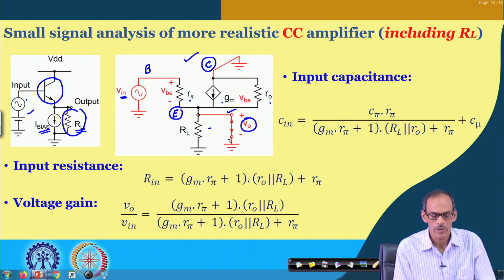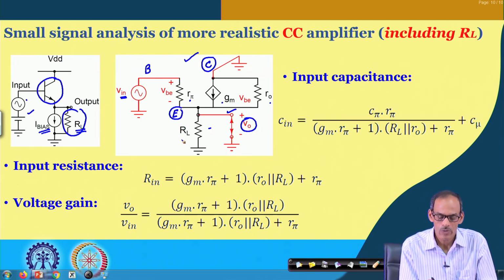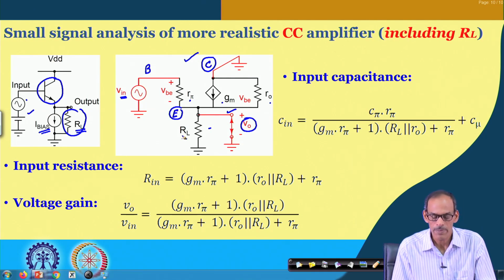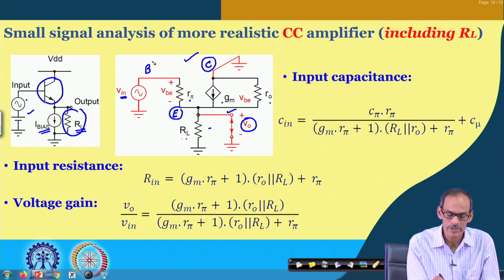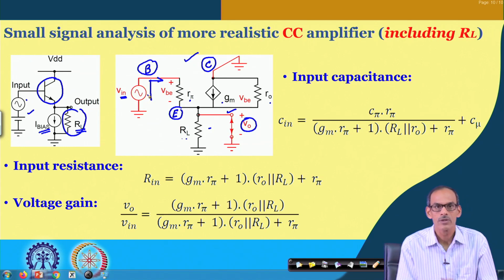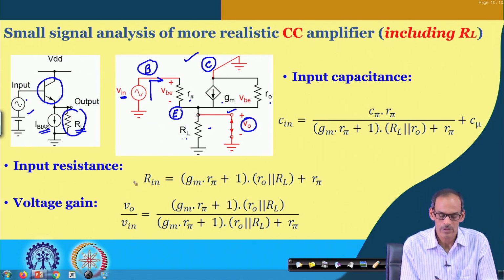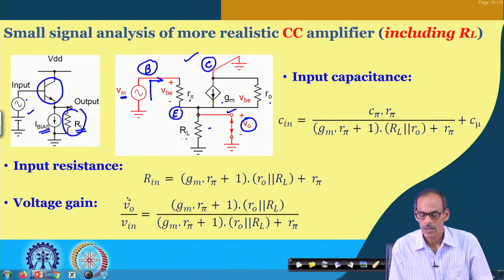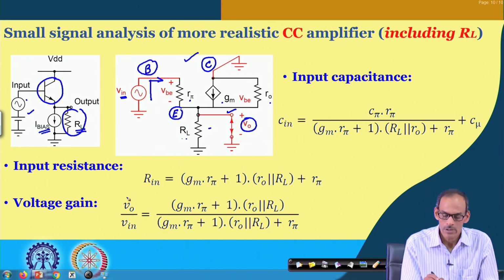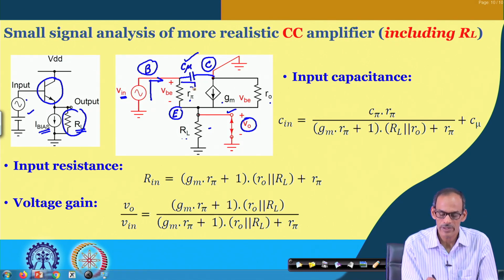Now, in our previous analysis where we excluded this RL, we saw the expression of the input capacitance, basically the input capacitance at the base with respect to the AC ground. There, if you consider the two parasitic capacitive components, one is C mu and then we have C pi.